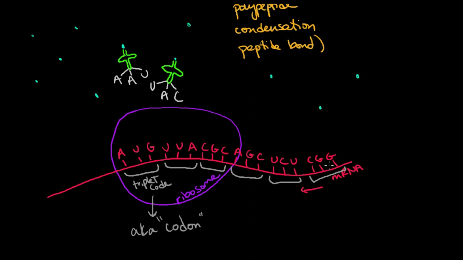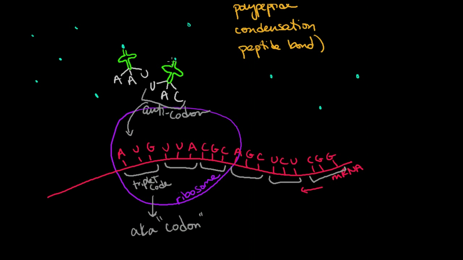And know that codons are on mRNA, whereas on the tRNA, this triplet code is called an anticodon. And there has to be a complementary base pair. So AUG bonds with UAC. UAC will come in and bond with the AUG.